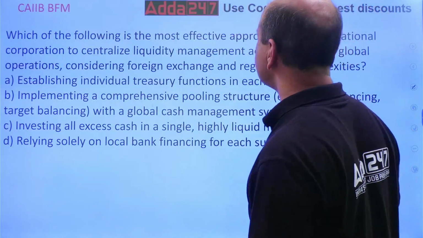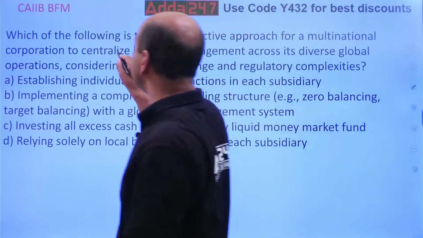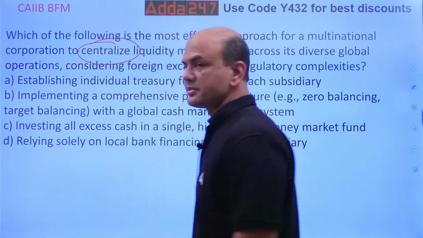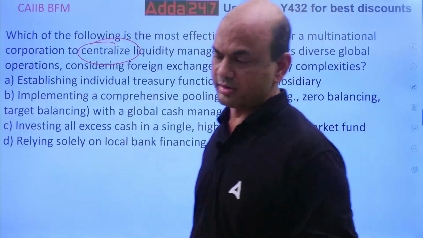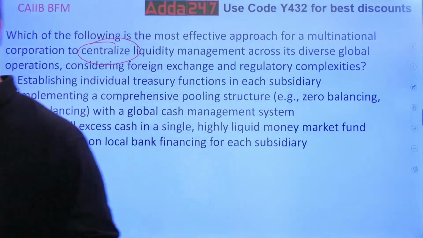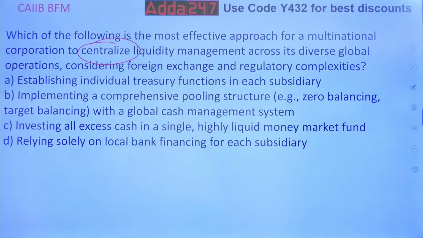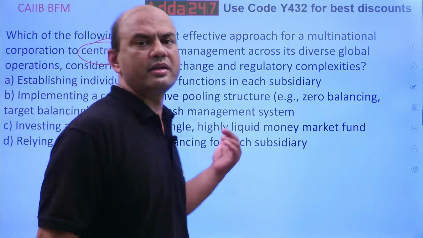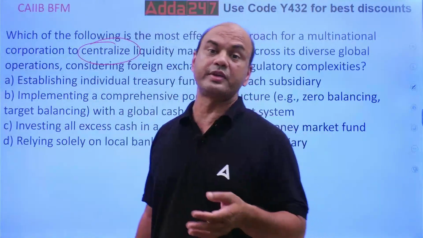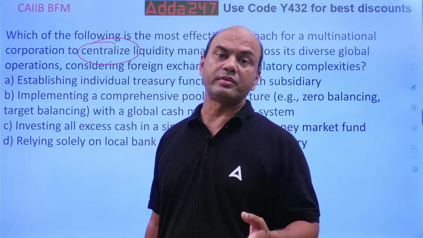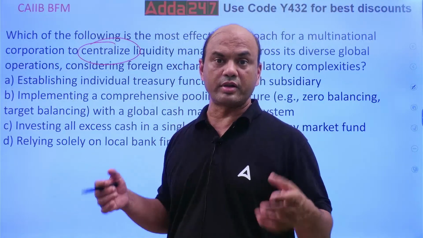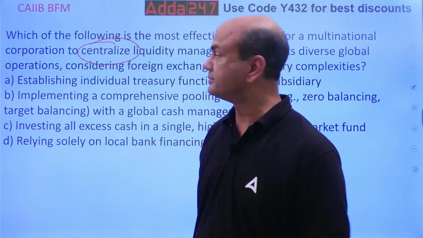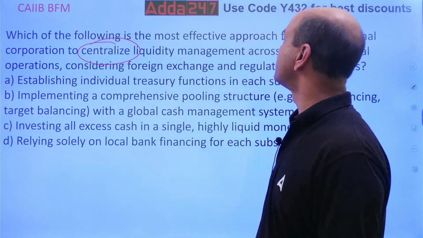Centralize means bring everything in one fold, bring everything concentrated somewhere, done at a single location. We have this similar liquidity management in our country also, in GIFT City. Many treasury departments of foreign banks come to GIFT City. So which of the following is the most effective?